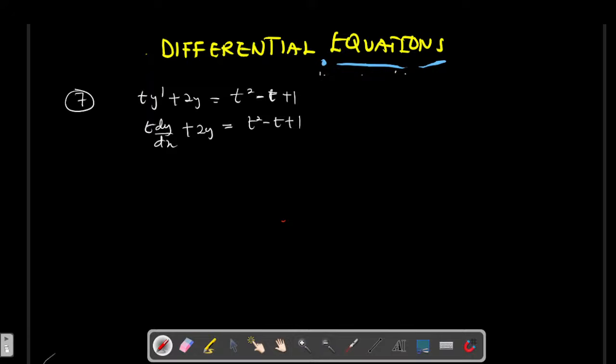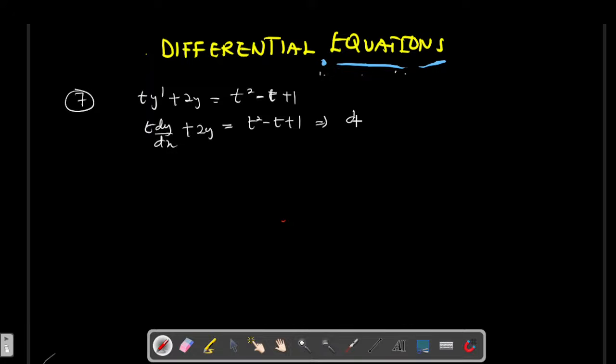Here you can see t is multiplying dy over dx, but t is not the dependent variable here. t is the extra variable which we have placed here. So the first thing to do in this problem, since it's not y and it's t, is to make sure that dy over dx is standing there alone. So let's make dy over dx stand there alone.